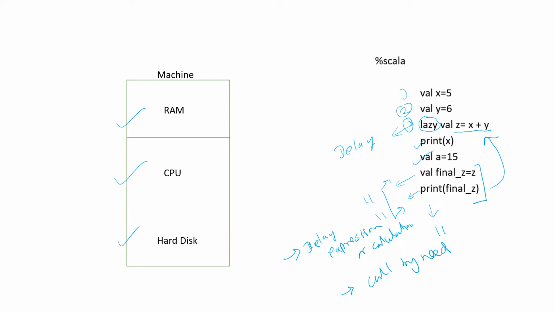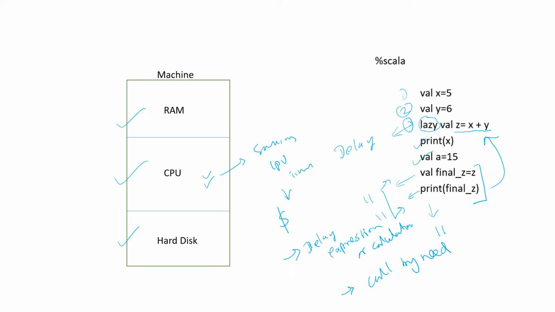Any calculation you do is in the CPU. If we are delaying or not using a particular calculation, then we are saving CPU time. Basically, it directly translates into dollar amount. That is the benefit of lazy evaluation.